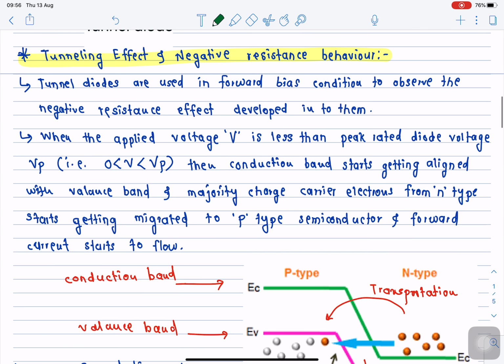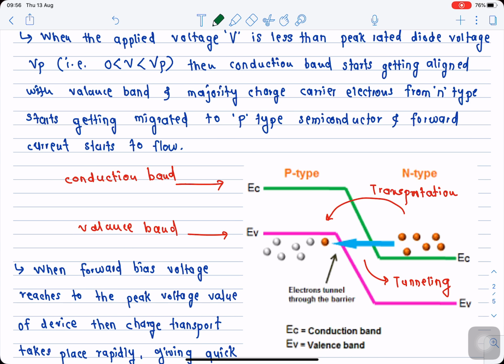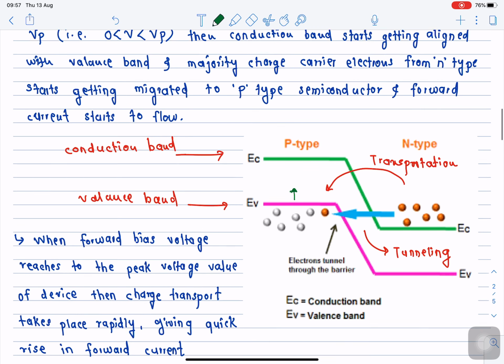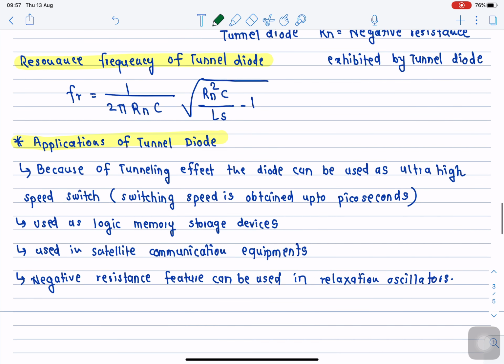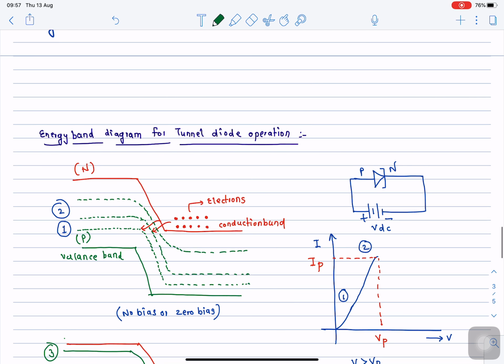When we apply a DC bias voltage greater than the peak voltage, the valency band gets shifted upwards, and the overlapping of the valency band with the conduction band will reduce. The electrons which were moving with a fast velocity will now start moving with a slower velocity in this way.